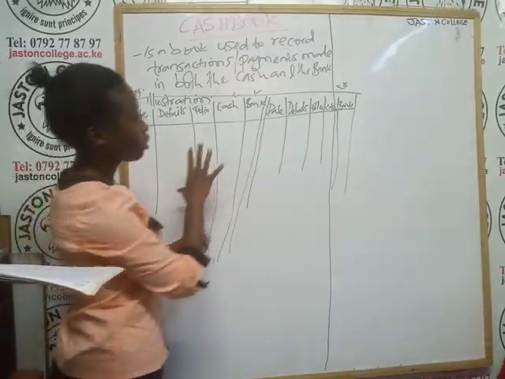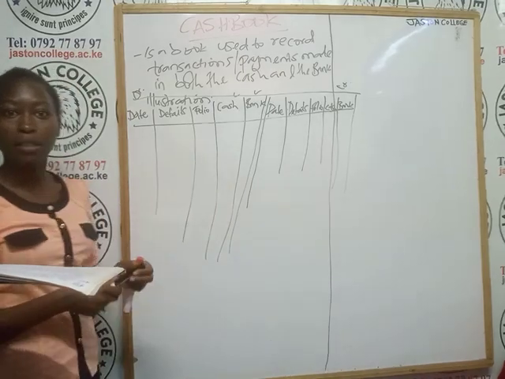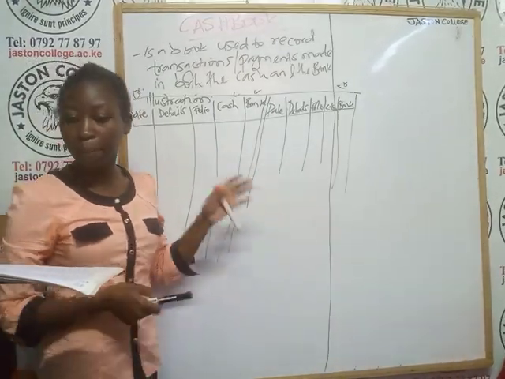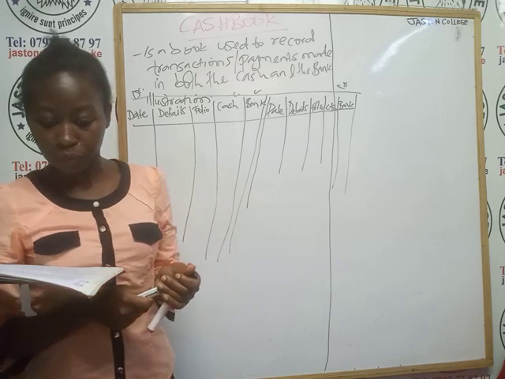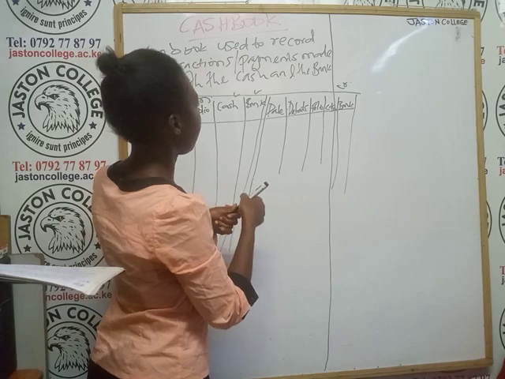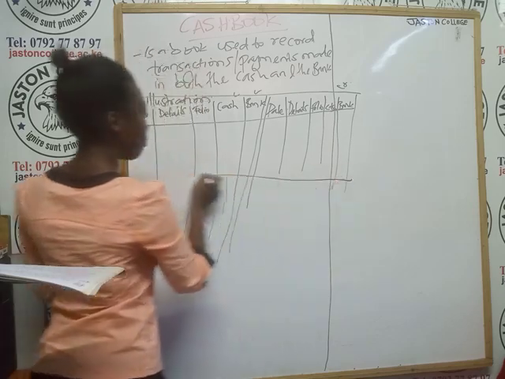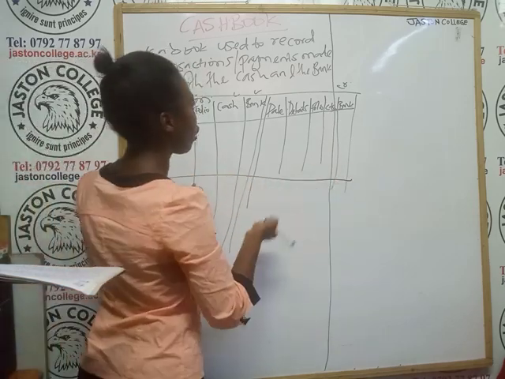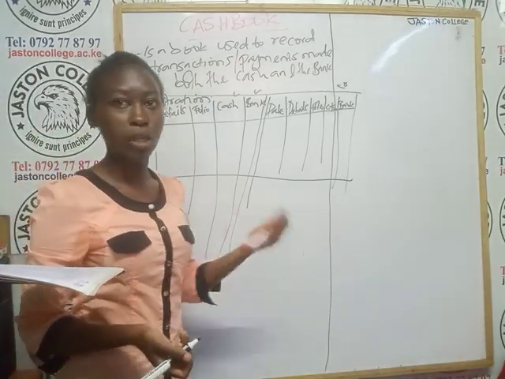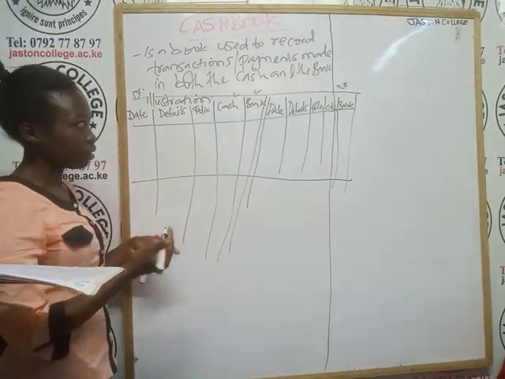So this is our double column cash book. We also have the 3-column cash book, which we are going to do an illustration of today, here and at this moment.